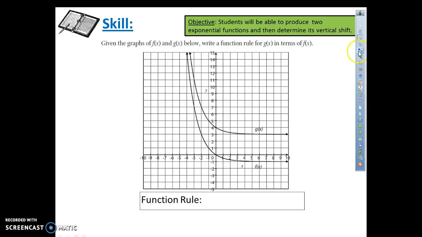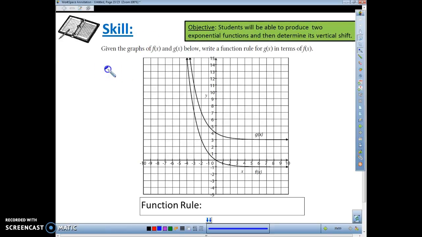Moving on to example number 2. Here I have f of x and g of x. So I'm going to write g of x. This is my transformed function. G of x is equal to, well, f of x. So here's my intercept. Now, how do I get from f of x to g of x?